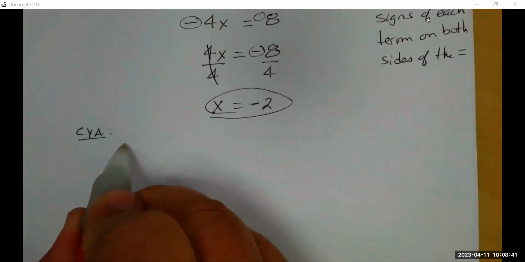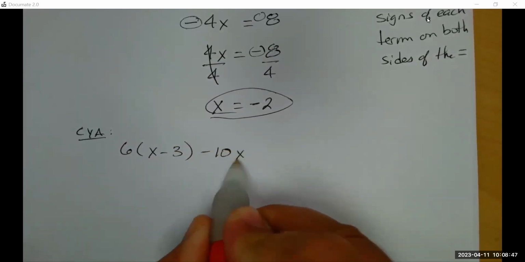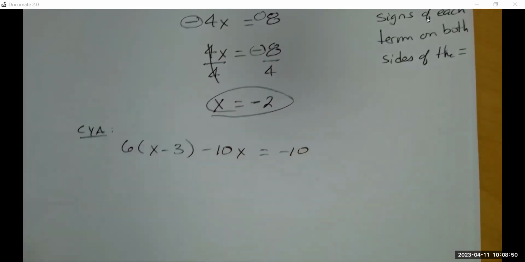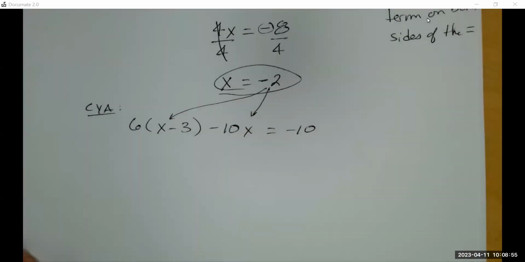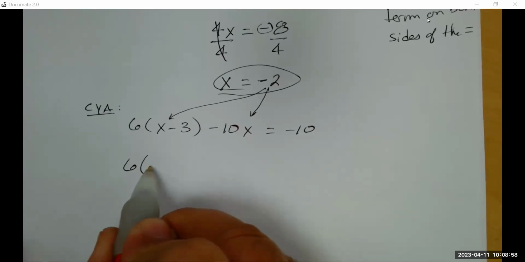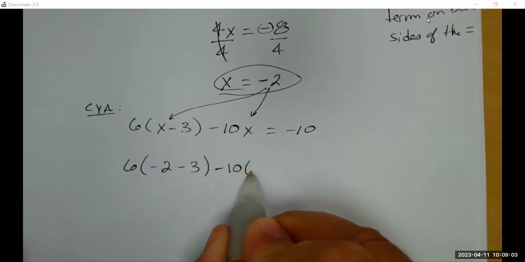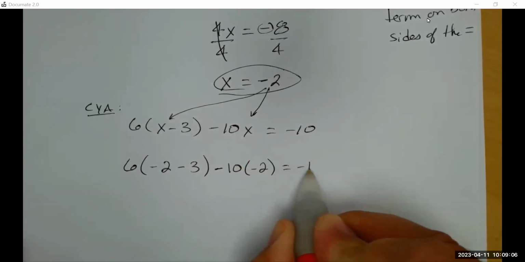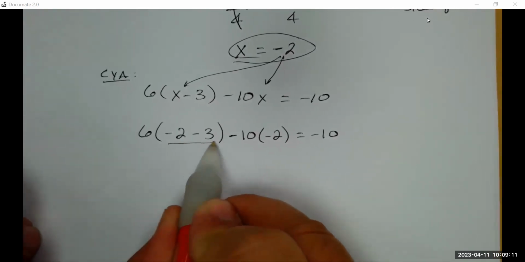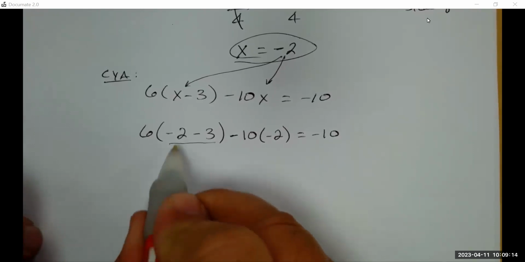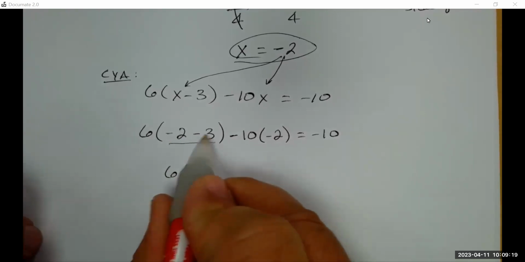Let's check the answer. So anywhere I see an x, I put a negative 2. Inside the parentheses, negative 2 minus 3 is, since they're both negative, the answer is negative, add the numbers.